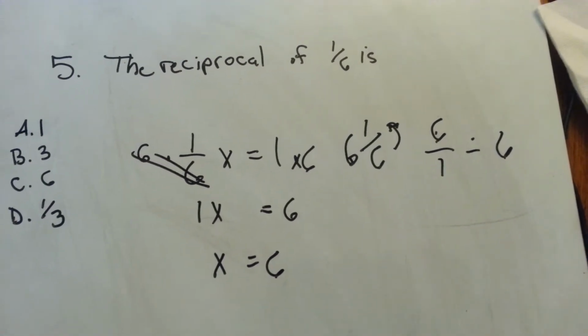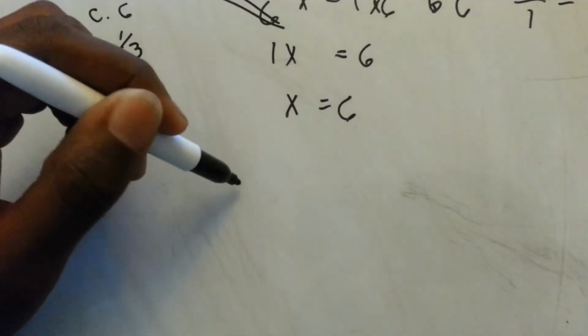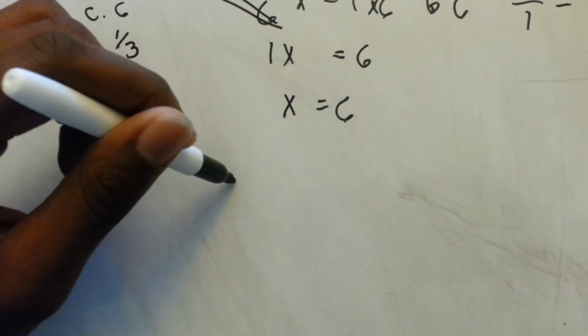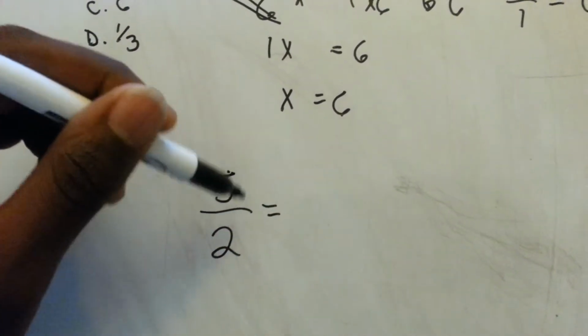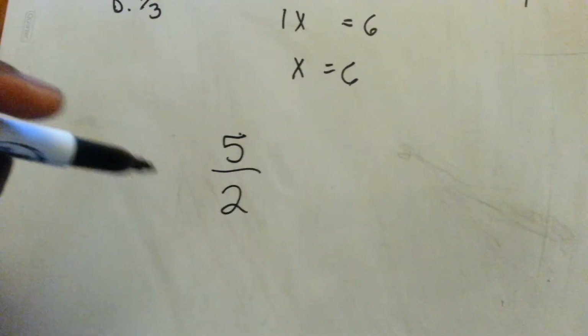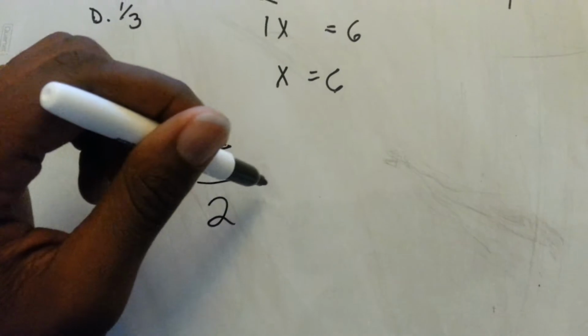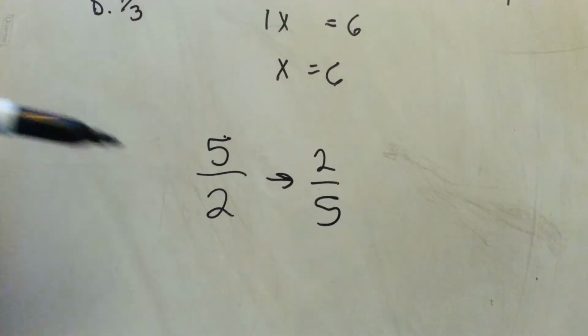I'm trying to think if there's any other tips, but I can just do some other examples here. Let's say I have 5/2. The reciprocal would be, I'm not going to put equal because it's not really equal, but the reciprocal, put an arrow, would be 2/5.